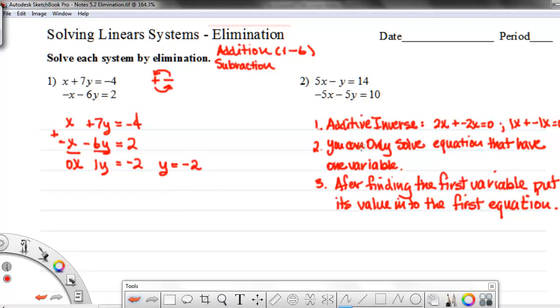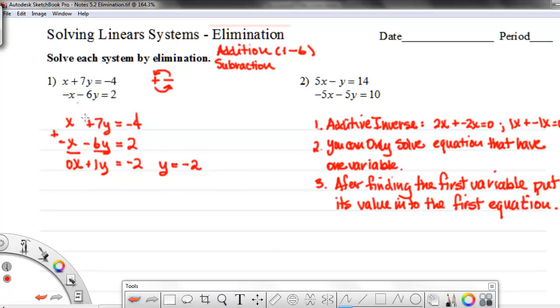Now remember, you can only solve an equation that has one variable in it. We've got the one variable to drop out. That allowed us to solve it. Now after finding the first variable, you're going to put its value back into the first equation.